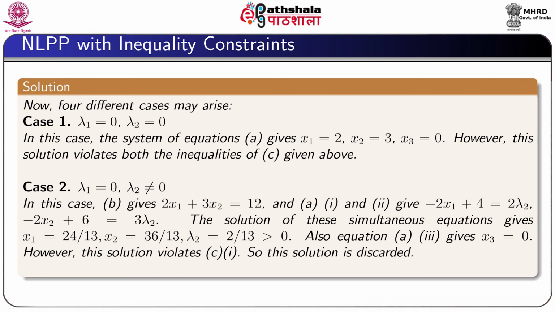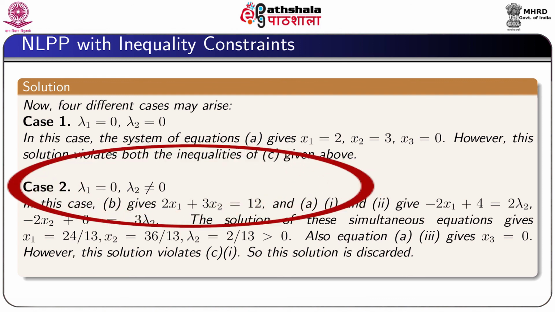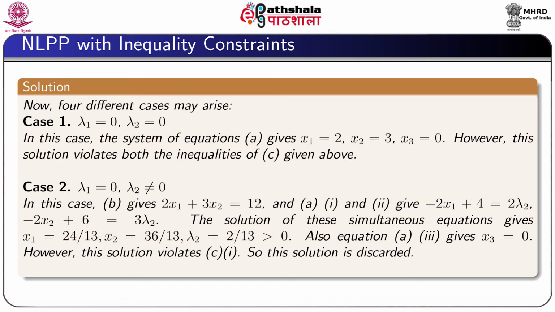Case 2: let lambda1 equal to 0, but lambda2 not equal to 0. In this case, B gives 2x1 plus 3x2 equal to 12, and conditions 1 and 2 in A give minus 2x1 plus 4 equal to 2 lambda2, and minus 2x2 plus 6 equal to 3 lambda2.